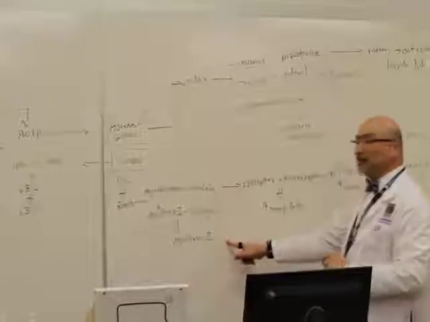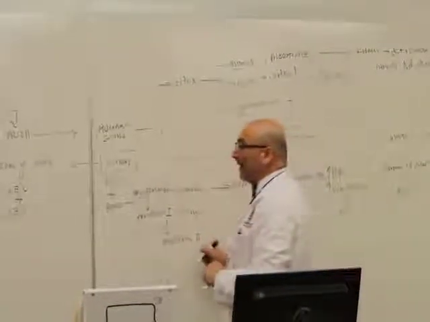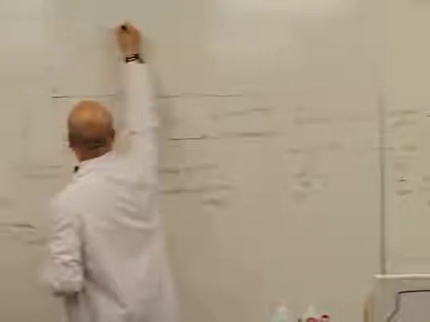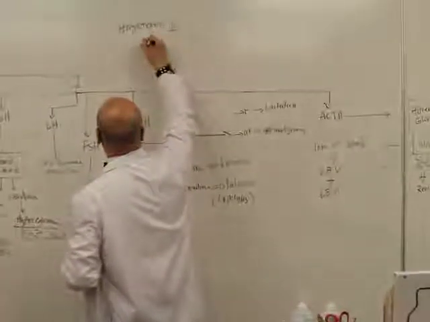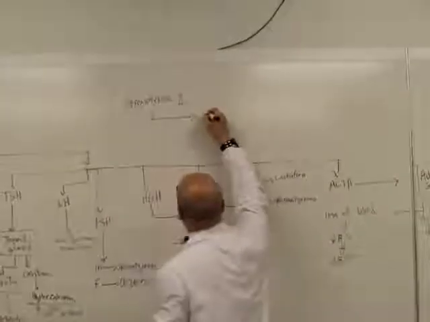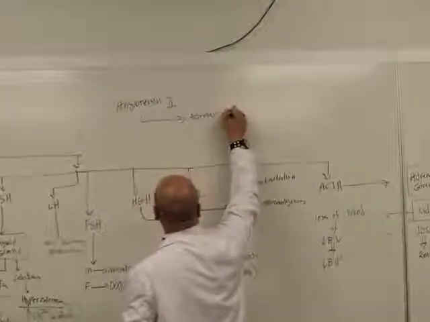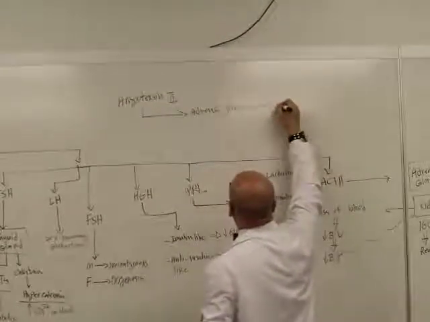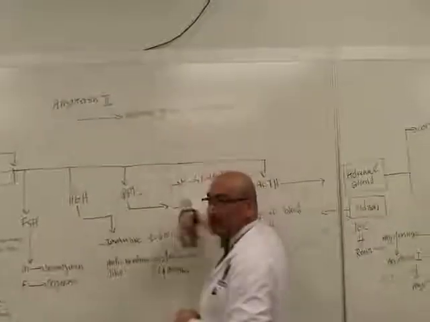So once you get angiotensin 2, right? Angiotensin 2, I'm going to put it up here so you can see better. So once you get angiotensin 2, this will target the adrenal gland to release aldosterone as well.